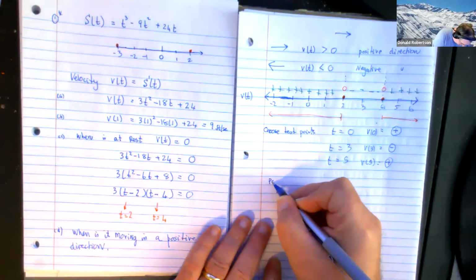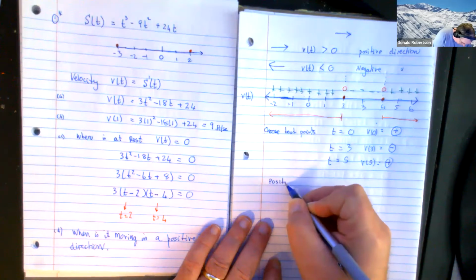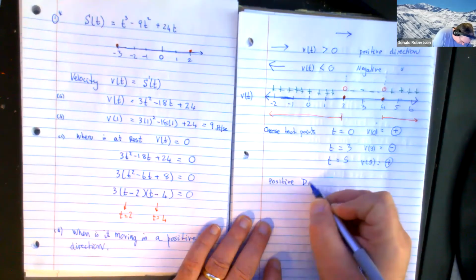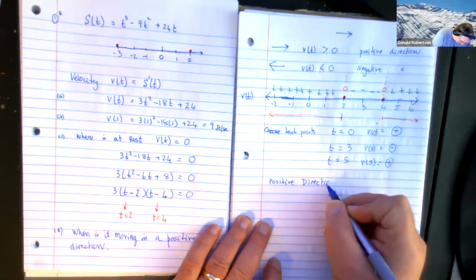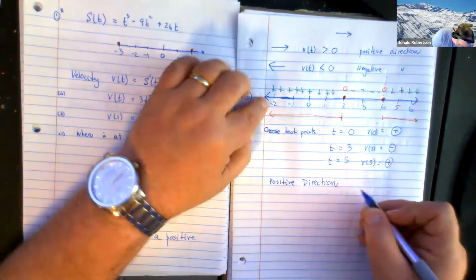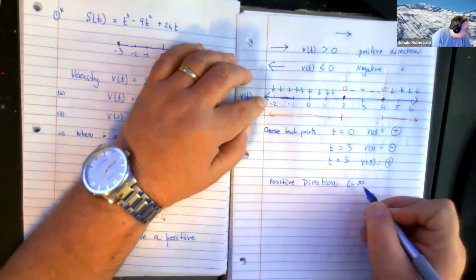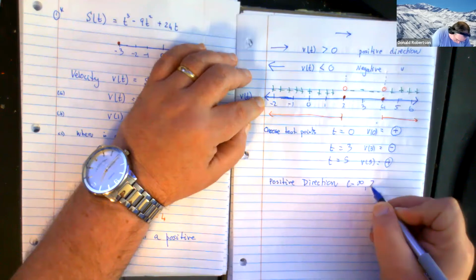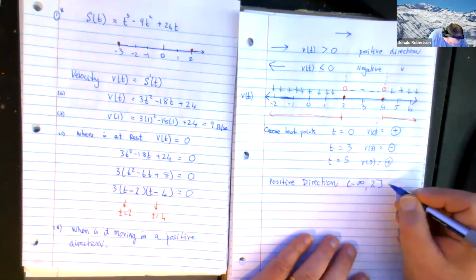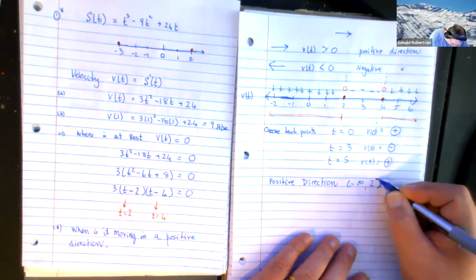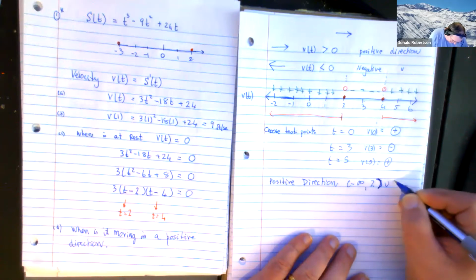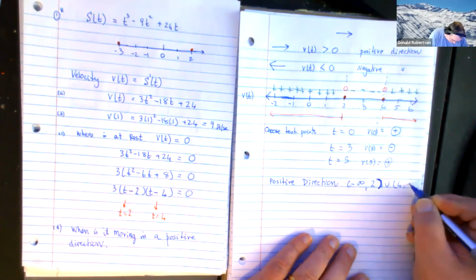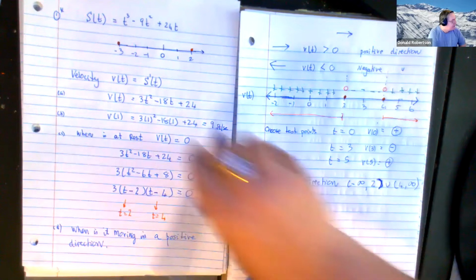So the object is moving in a positive direction for values of t from negative infinity to 2. And I forgot to put a curve there. And from 4 to infinity.